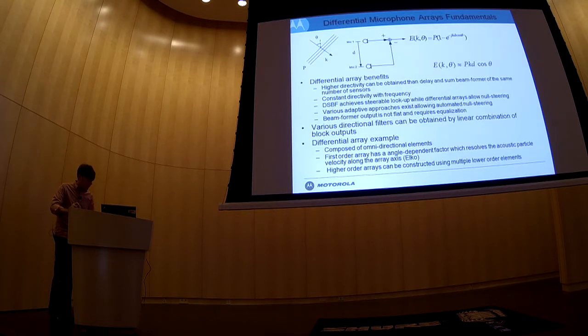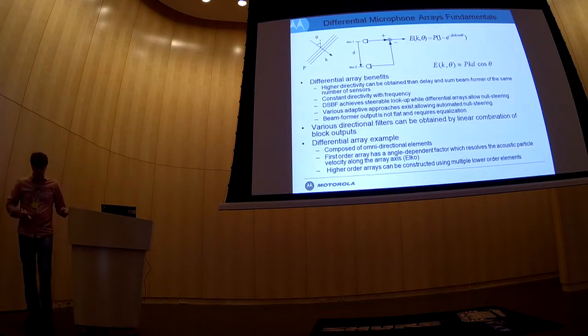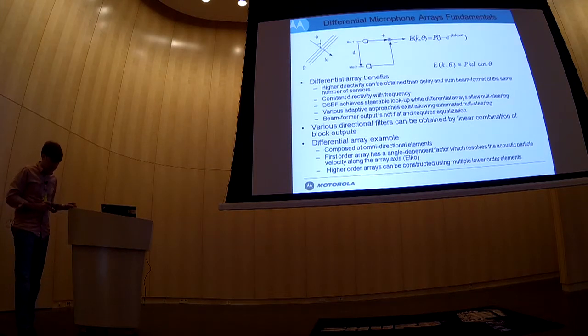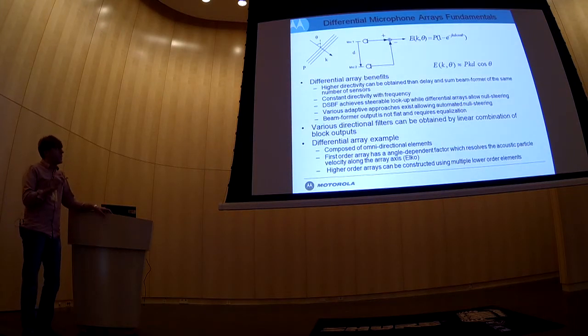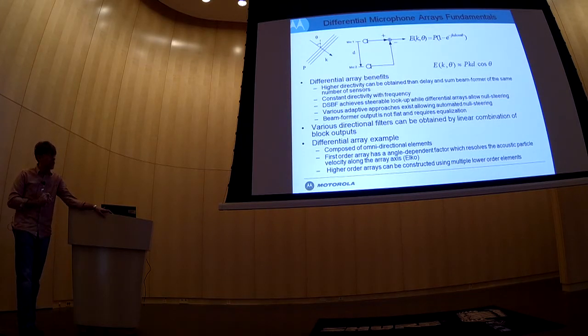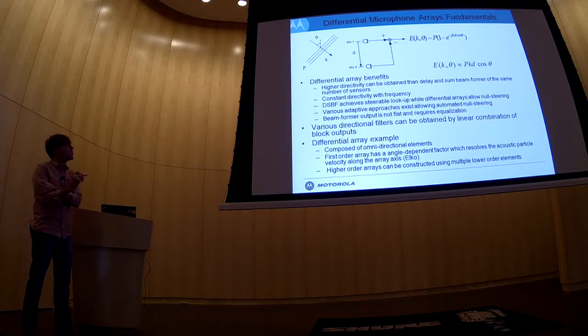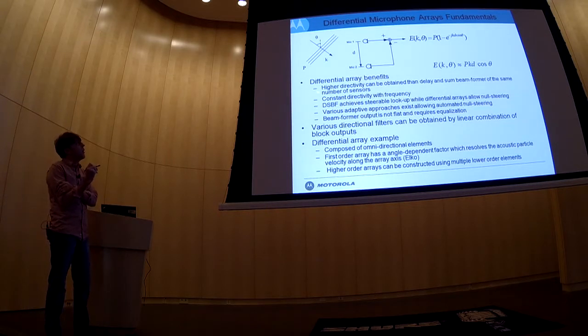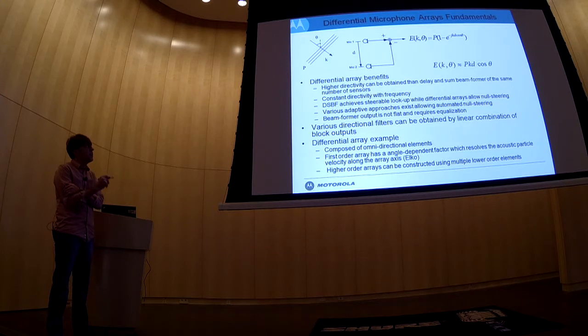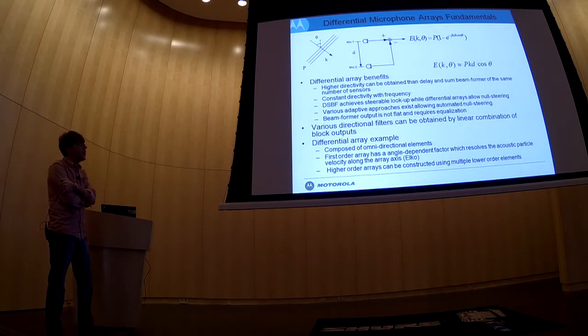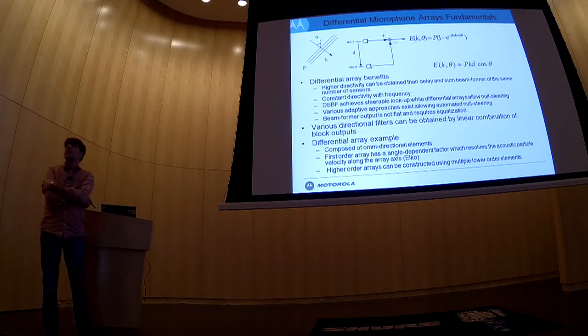Let's look at the other way of doing things, and that's the differential microphone array. The differential microphone array has a number of benefits. First and foremost, it can achieve very high directivity compared to the delay and sum beamformer with the same number of sensors.